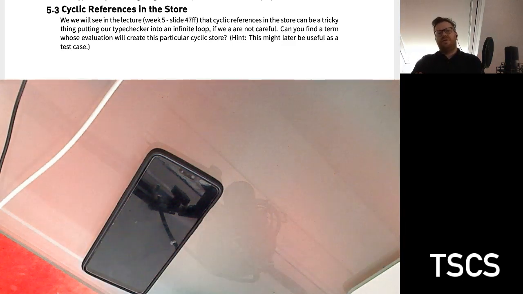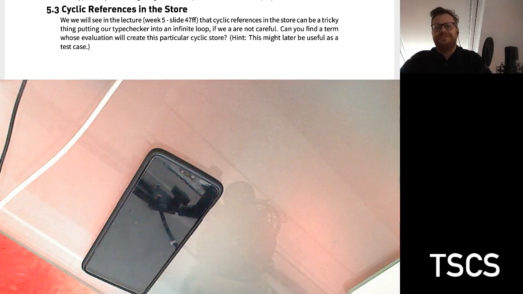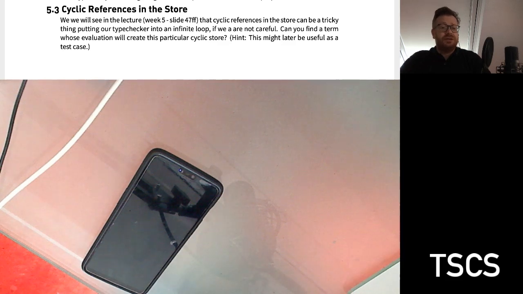No, I think you need let. Well, again, if someone comes up with a good solution without a let, post it into Panda, please, or post it here into the chat if we're still on.